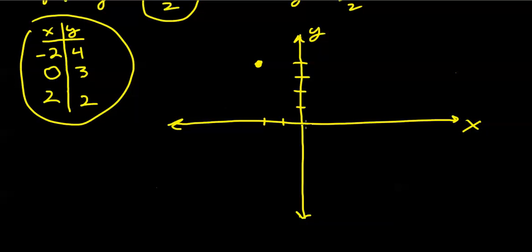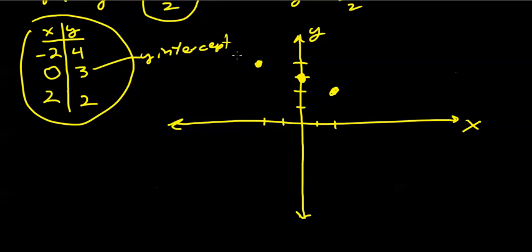If x is 0, y is 3. And there's a special name for that point. That's called the Y Intercept, for obvious reasons. When x is 0, you're always on the y-axis somewhere. Alright, and the next point here is x is 2, y is 2. 1, 2, 1, 2 puts me here.